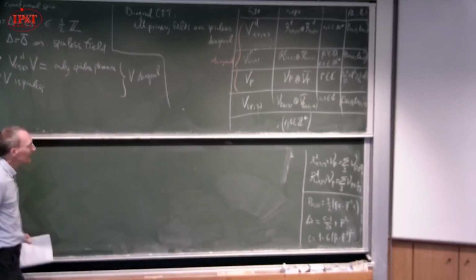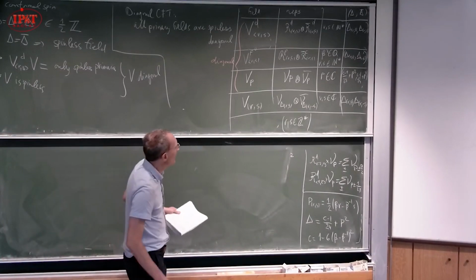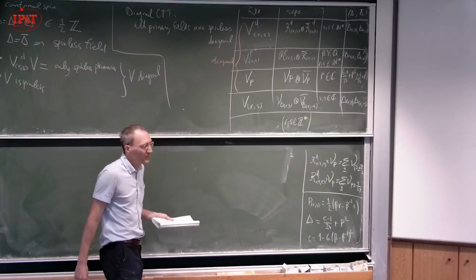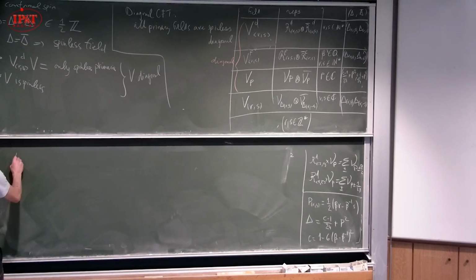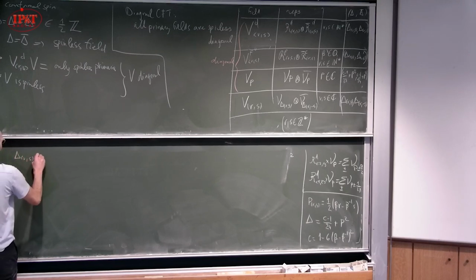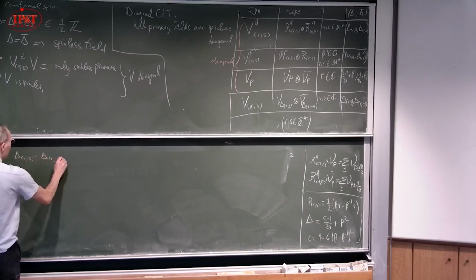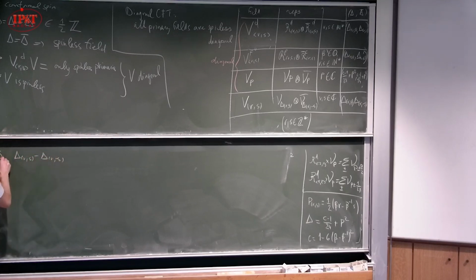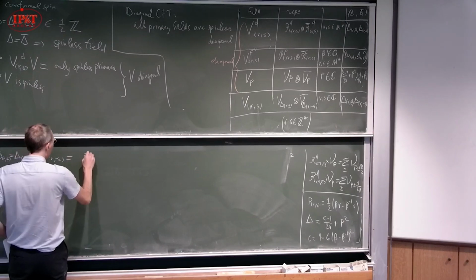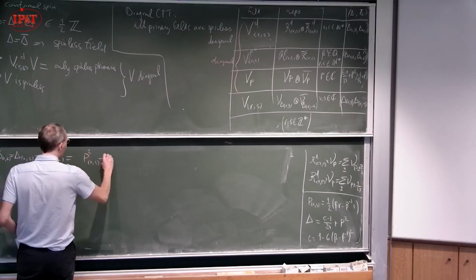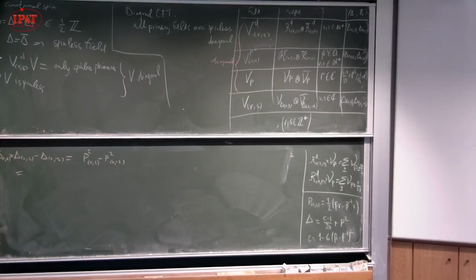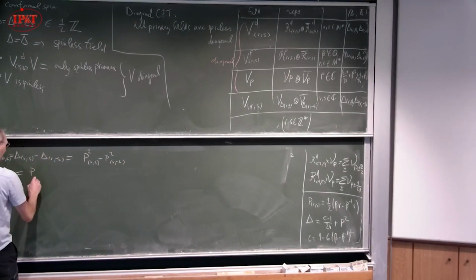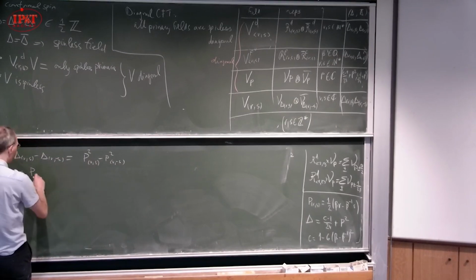So let me say a bit more on the non-diagonal fields. In particular, it's important that the spin is half integer for single-valuedness. What is the spin of a non-diagonal field? That's delta RS minus delta R,-S. So let's call it S_RS, which is P squared RS minus P squared R,-S.